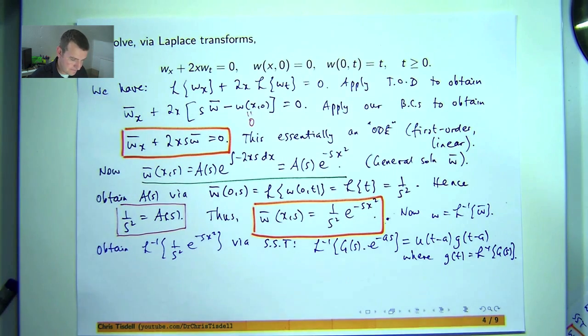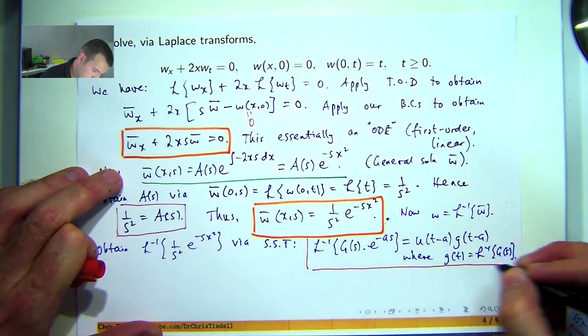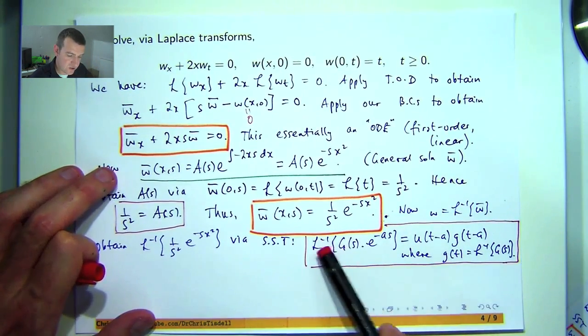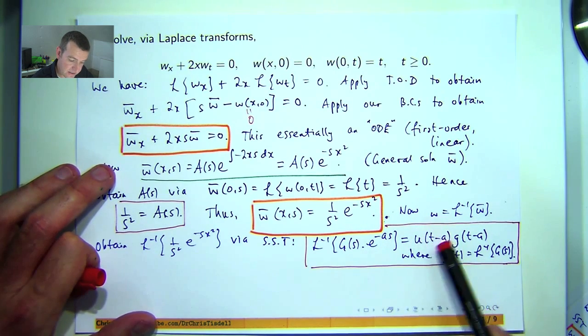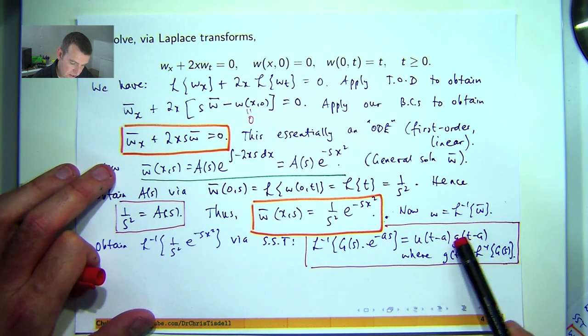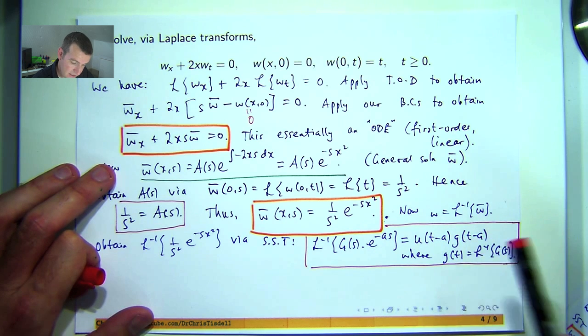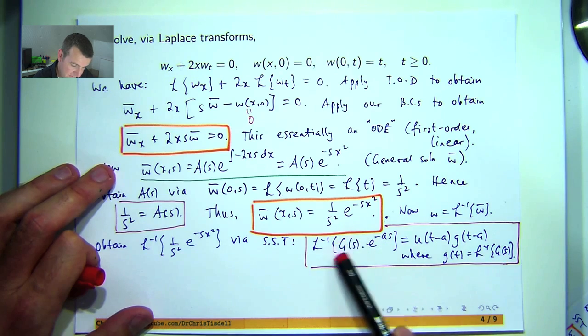The inverse transform of this product is just a Heaviside step function shifted times g of t shifted, where g of t is the inverse transform of this function.